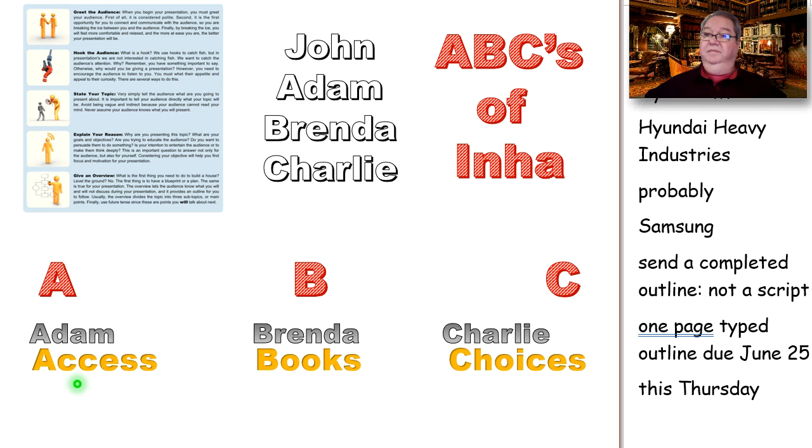So I've done a transition to introduce the next speaker and the next topic together. To get started, or next, or now, Adam will talk about access at Inha University. So I'm introducing the topic and the speaker.